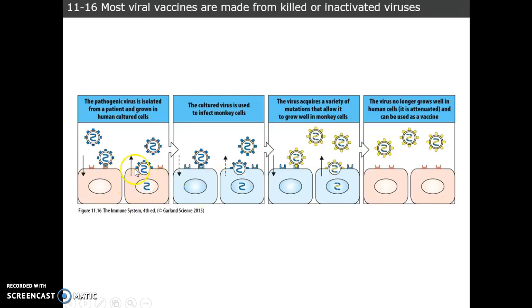All right, so that's one way, taking it out of the human host from the patient, growing it in the human cultured cells, and it's just enough of a change that it would cause mutations.